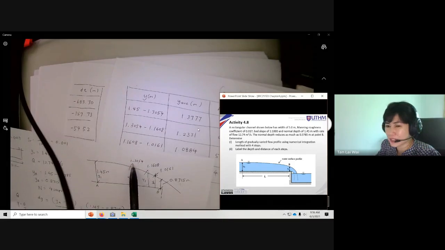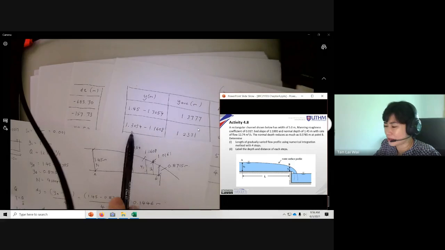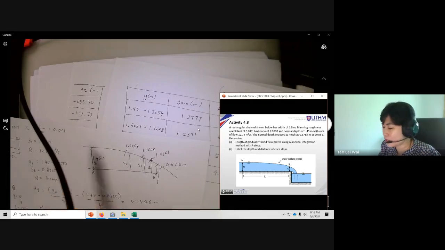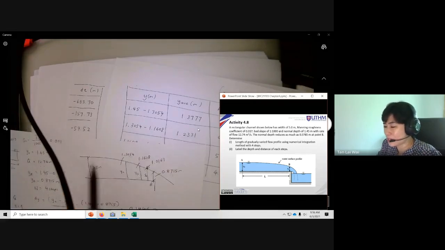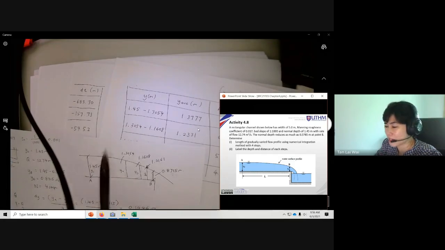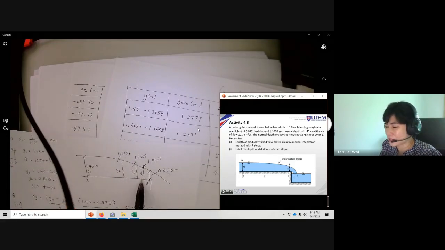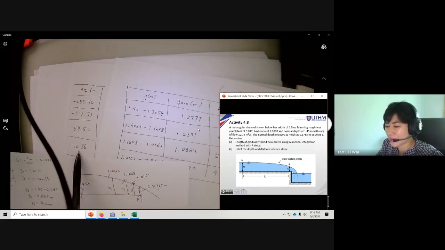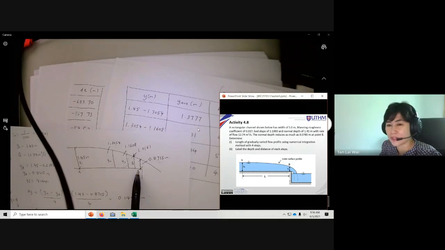Between this and this, which is the second part, it's almost 157, like 158. So this distance is smaller. How about this? This is almost one third of this, and this is less than that. It's just very small.